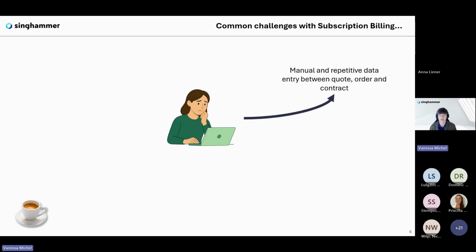This might be manual, repetitive data entry, to create quotes, to make orders out of them, to create contracts from them. Everything needs a little bit of different information. And here, with the focus on IT business, these documents, quotes and contracts, are quite complex. So it's not super easy to create them, and you need some knowledge and some tools to help you.